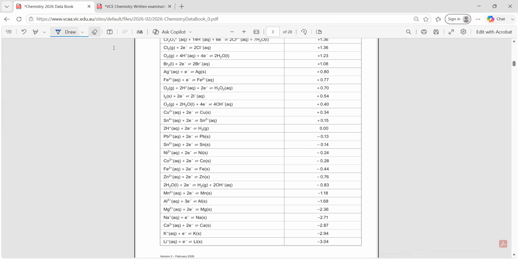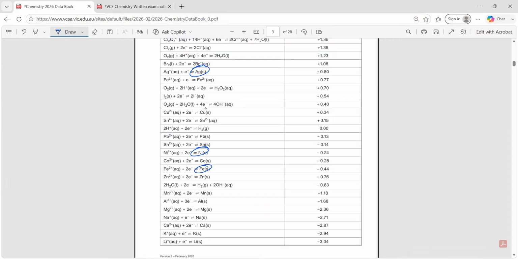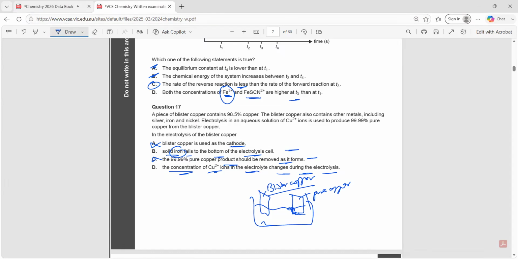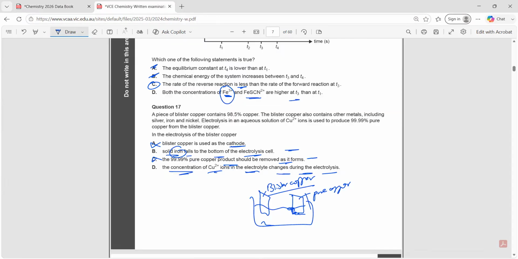Silver, iron, nickel, and copper. Where's copper? Copper's here. So, in terms of what would actually oxidize, it would be your strongest reducing agents. So this would definitely oxidize. So a solid iron would not fall.